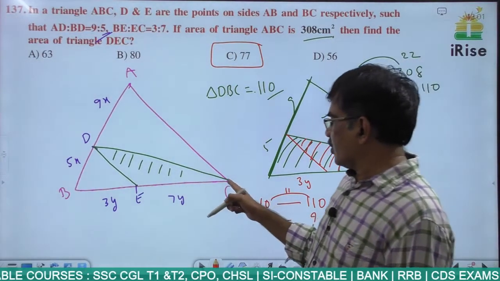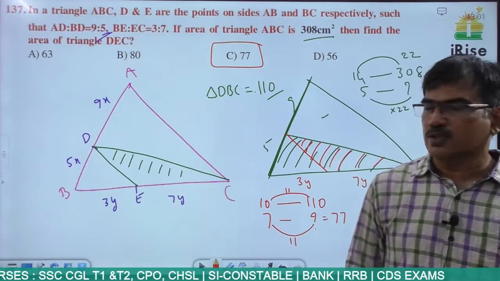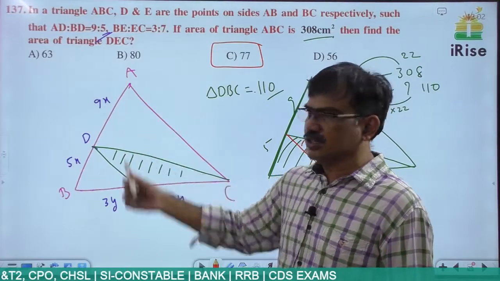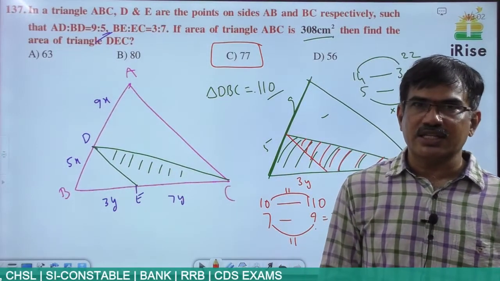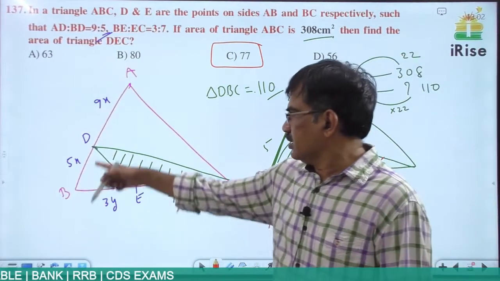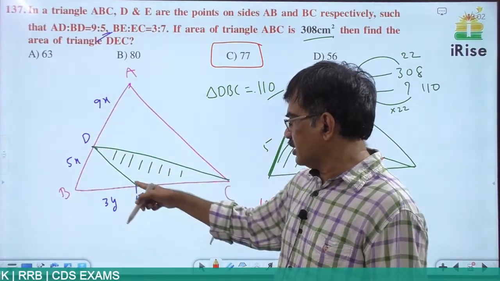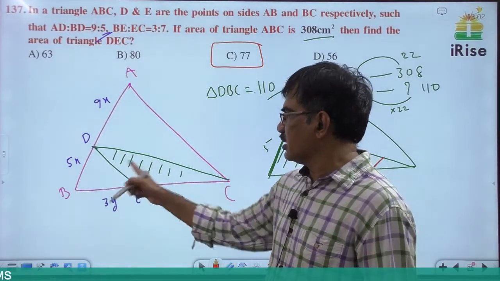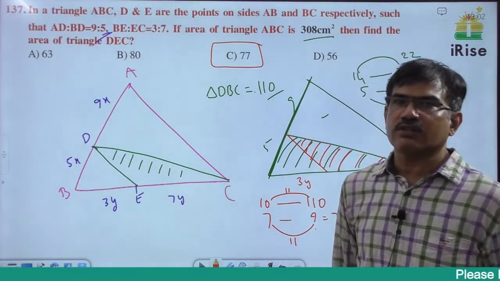In a triangle, if from a vertex a line is drawn which meets the opposite side at D, then the area is divided in the base ratio because the height is the same for all. Similarly, in this triangle, if you draw a line from the vertex here, then this line divides the base into 3:7. So the area is also divided into 3:7.